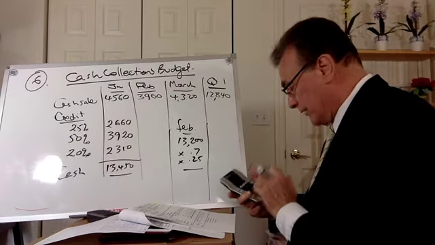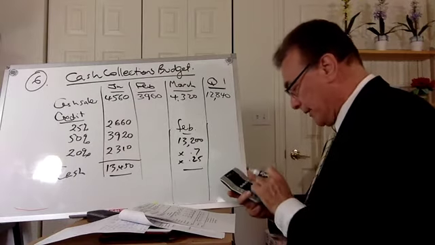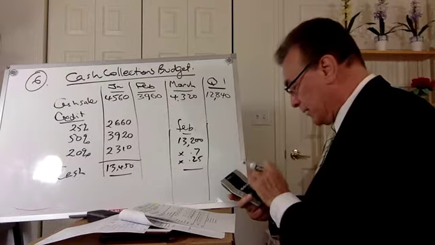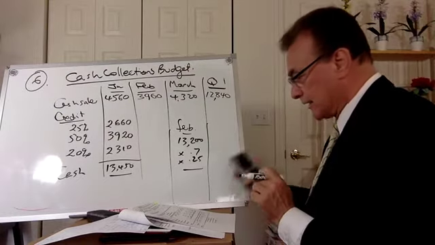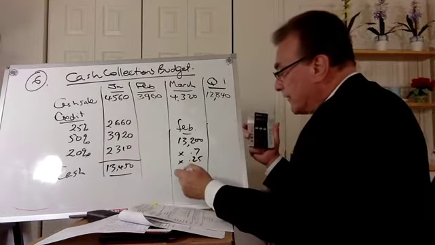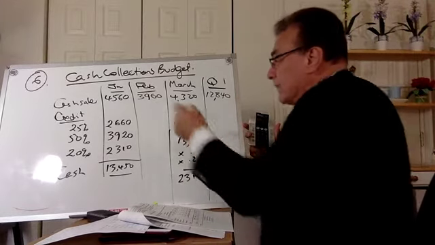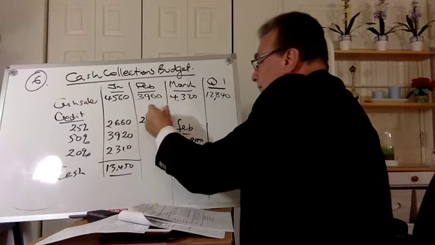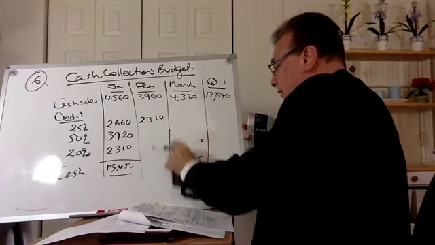So 13,200, which is total sales, multiplied by 0.7, which is credit sales, multiplied by 0.25, which is what you collect in the month of February, same month, 2310. So that's 2310, and then you just work through those calculations.